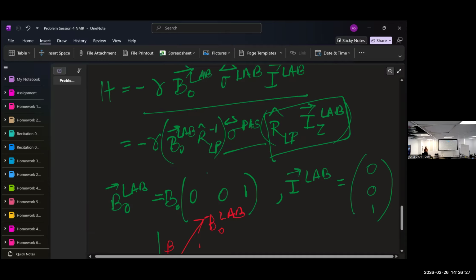I've taken spin angular momentum Iz in the lab frame, and I've tried to apply a rotation matrix from the lab frame to the principal axis frame. And similarly, I've done that on the right for the static magnetic field. And of course, because it's a row vector, I have to apply an inverse rotation.